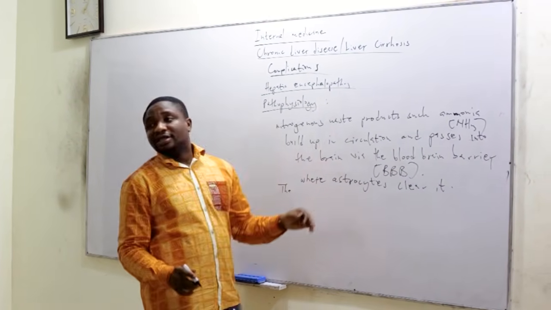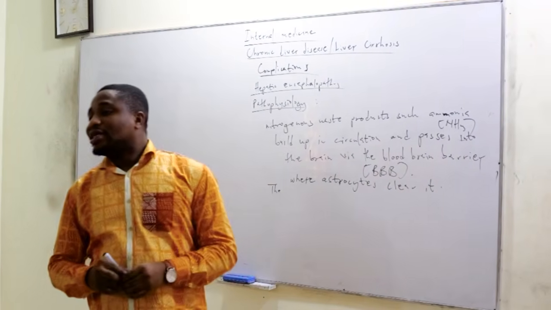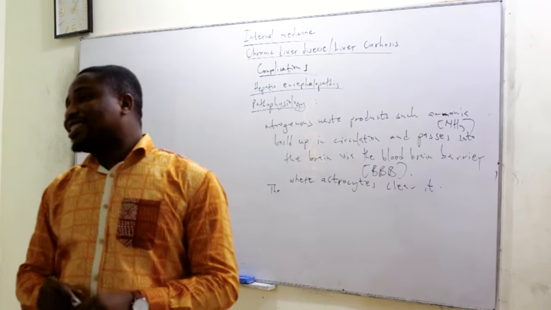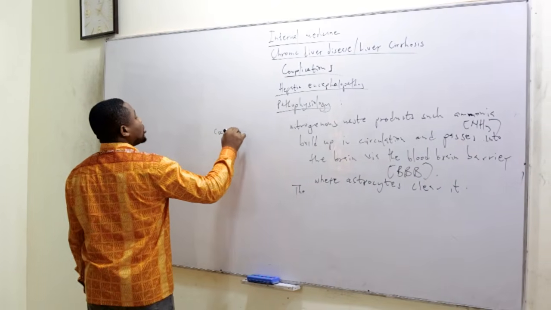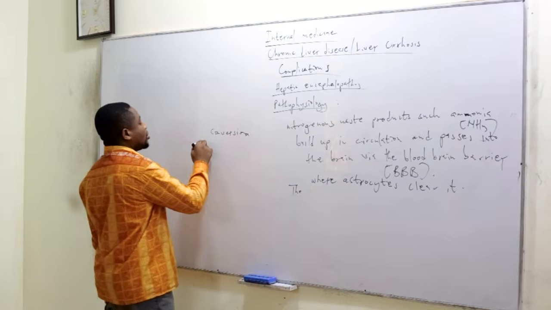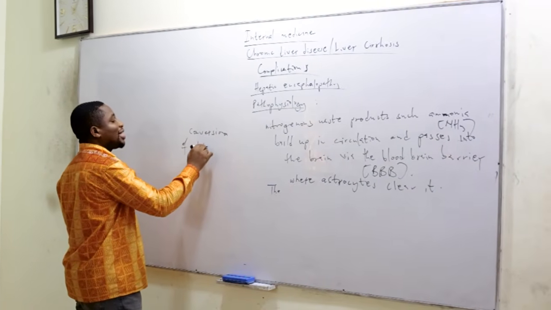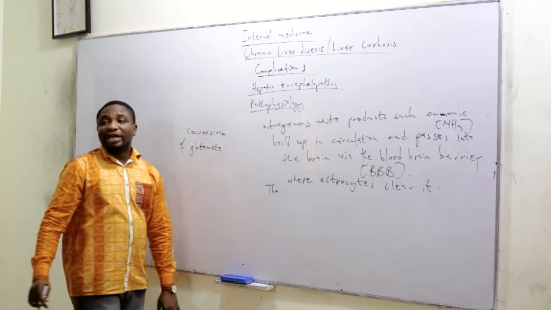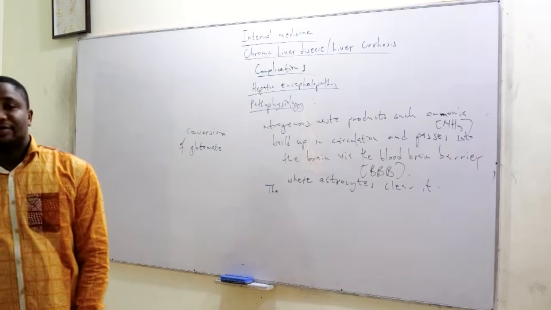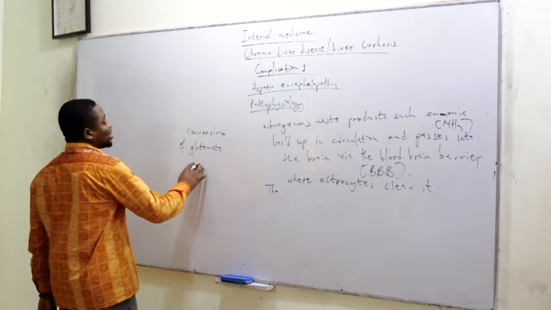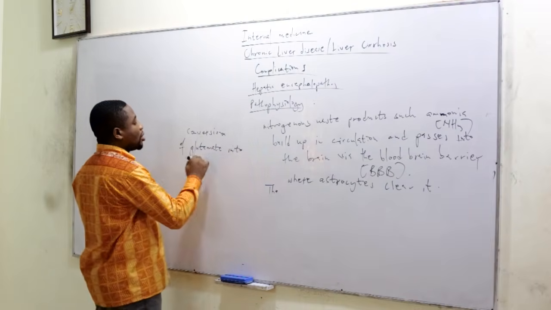So we'll say that the clearing involves the conversion of glutamate, that's glutamic acid in the brain, into glutamine. You know that glutamate is a neurotransmitter?